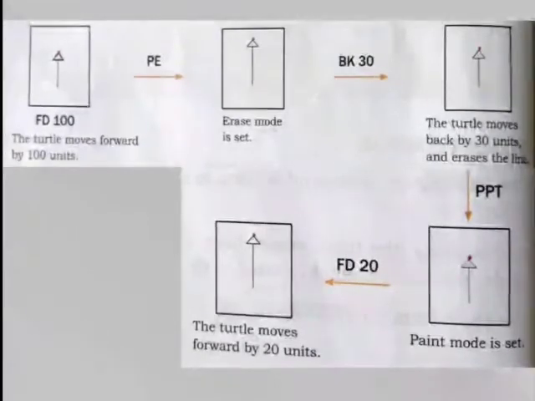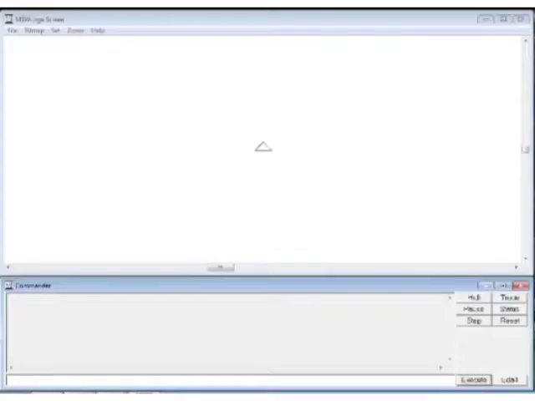FD 20. So the turtle moves forward by 20 units. Let's take one example. FD 100. The turtle moves forward by 100 units. PE. Erase mode is set. BK 30. The turtle moves back by 30 units and erases the line.